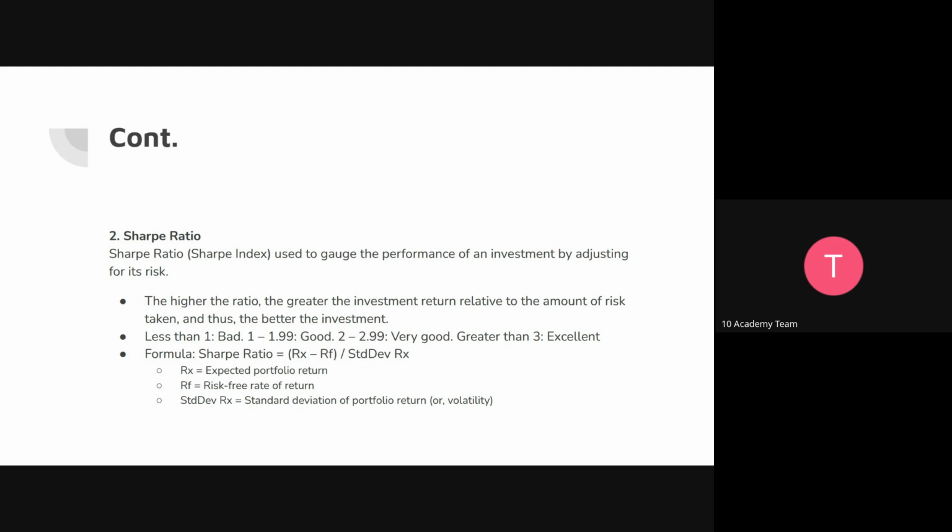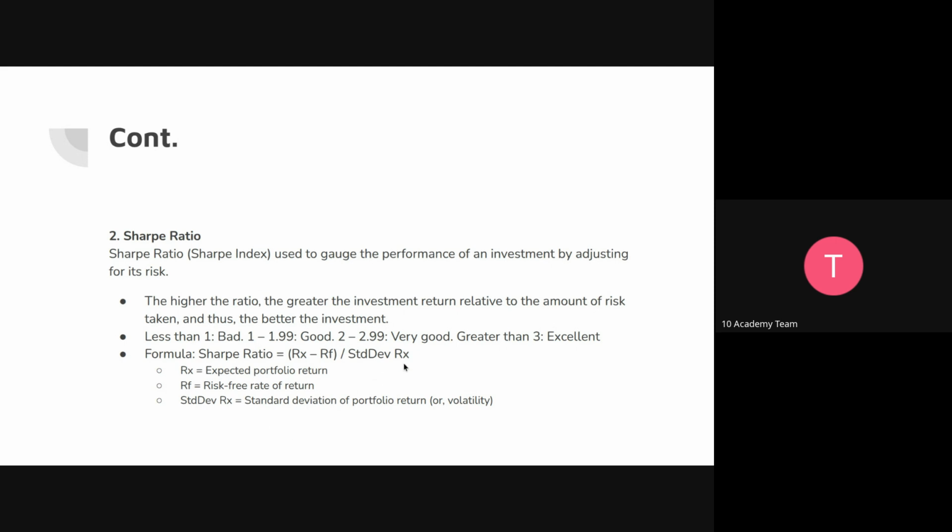The formula is: expected return minus the risk-free rate of return, divided by the standard deviation of return, that is, the volatility. So it is using the previous measure here.